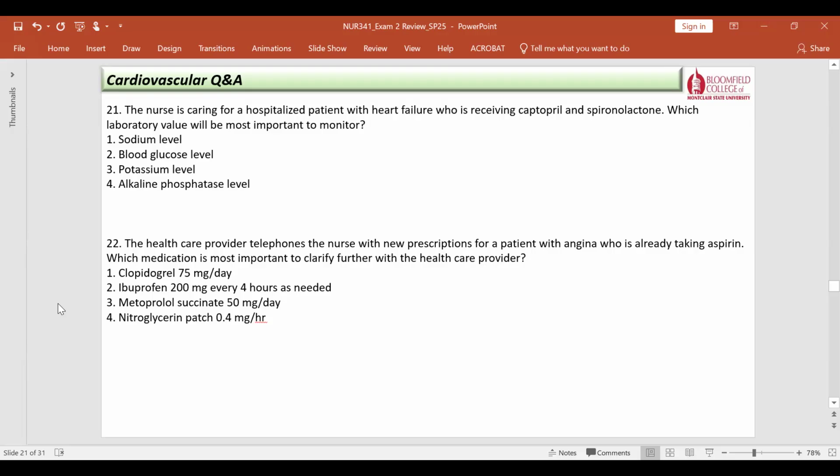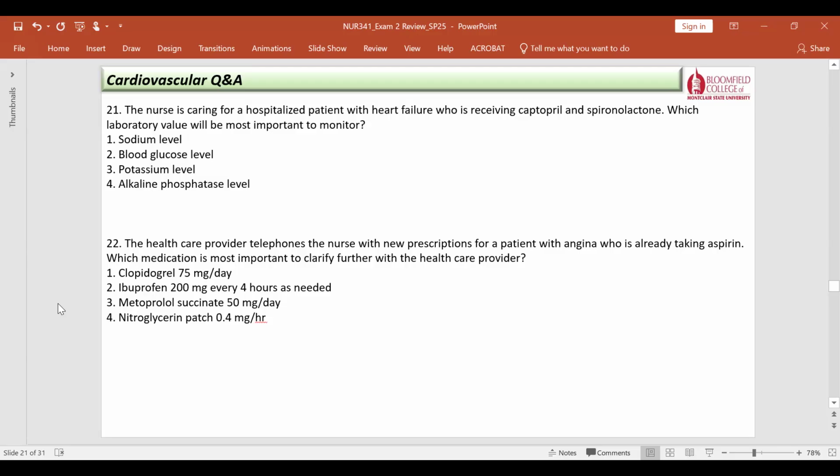The current American Heart Association guidelines recommend against the use of other NSAIDs for patients with cardiovascular disease. What they are trying to say here is that the NSAIDs inhibit the beneficial effect of aspirin in patients with CAD.